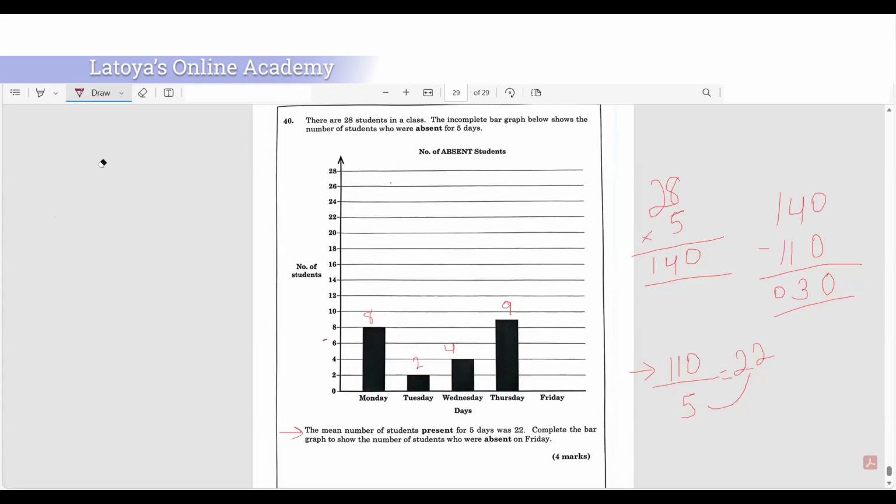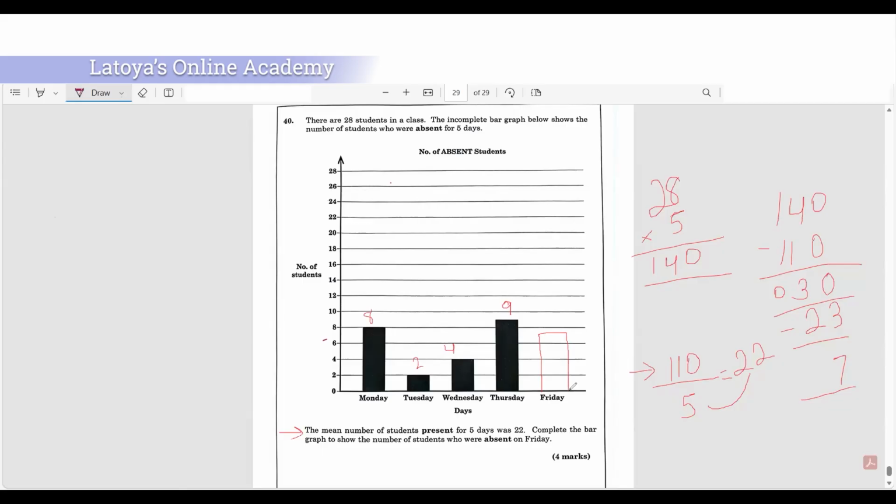So the total number of students absent is 30, and from Monday to Thursday, 23 are absent. So if we take away 23 students from the 30 absent students for the week, we will remain with 7. So that's telling us that 7 students were absent.